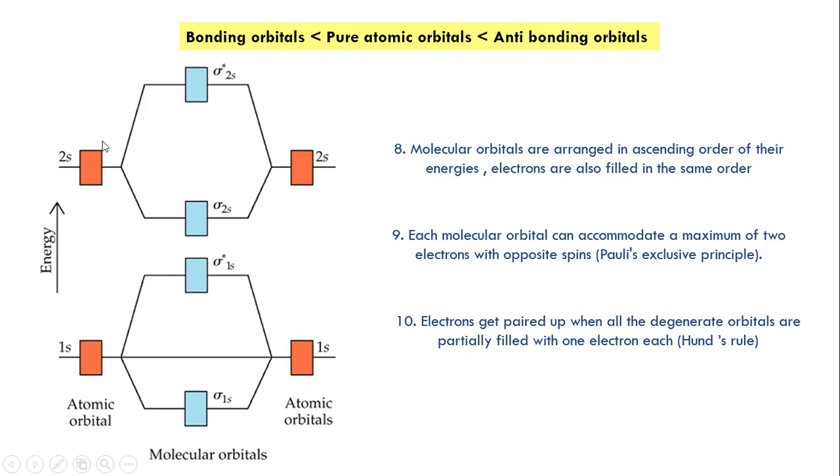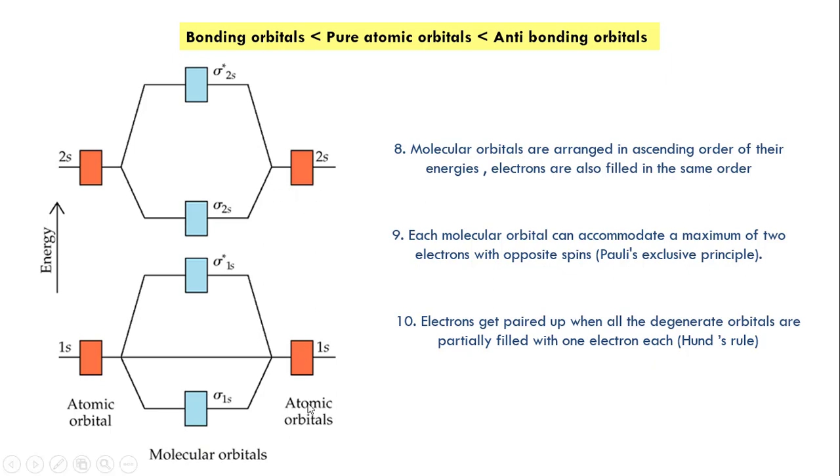We can see in this picture that these 1s and 2s are the pure atomic orbitals of one atom, and here the 1s and 2s are the pure atomic orbitals of another atom, of the same element or a different element, whatever it may be.